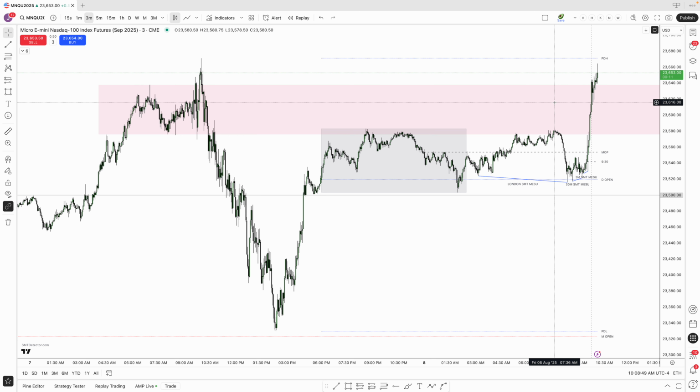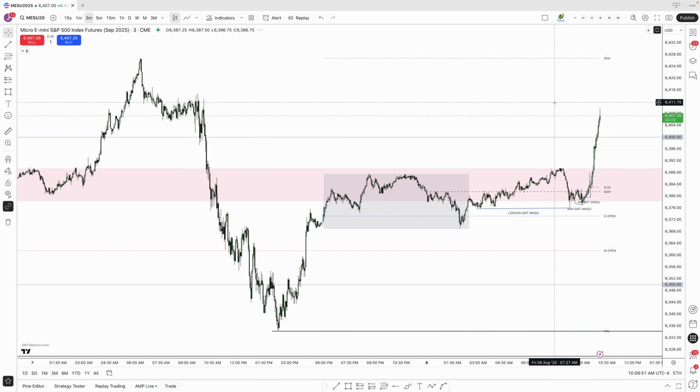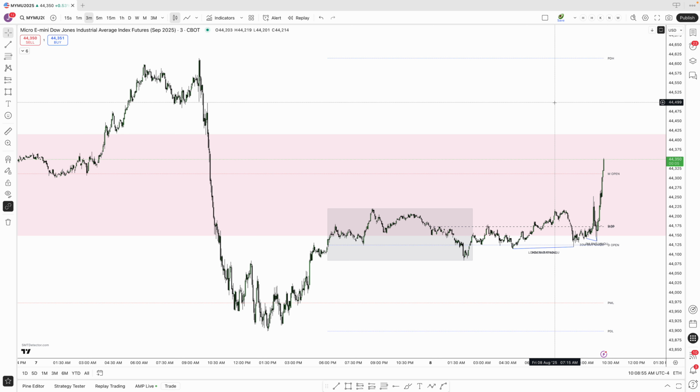So I'd be very interested in shorting NQ if we take that prior day high, because that would be the new POI. Session highs, daily highs, weekly highs, monthly highs, would be valid points of interest.